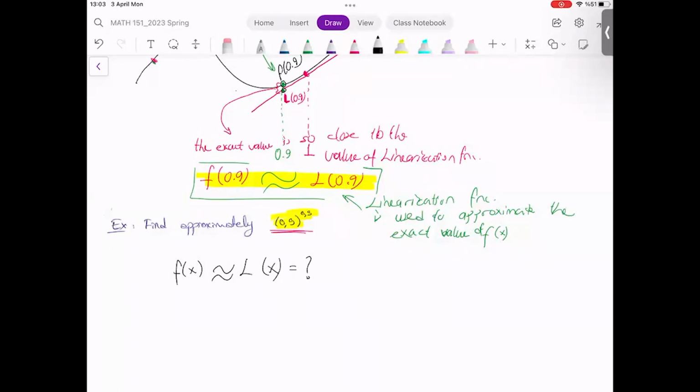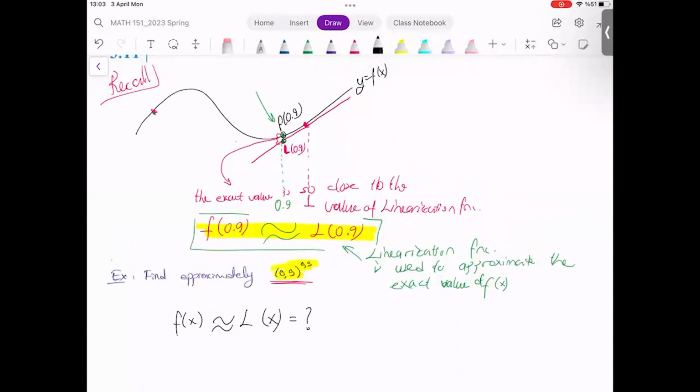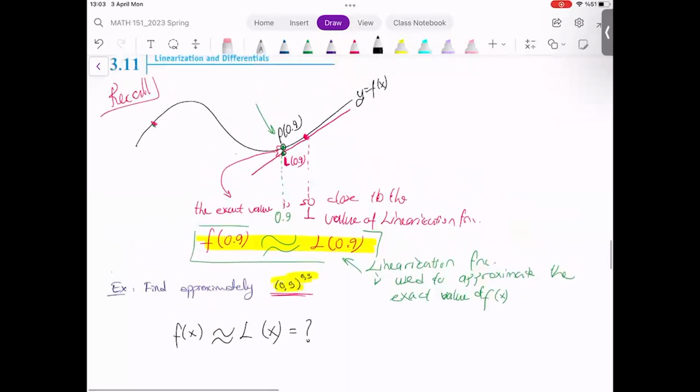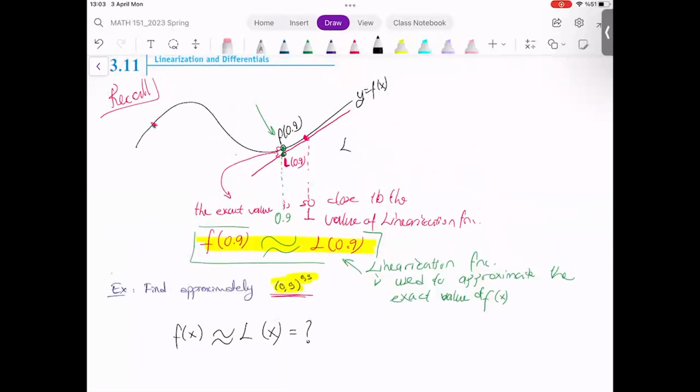And there is a certain way to create the linearization function. Let me also write this certain way to our recall. So let me write: linearization function of f of x at x equals a is created like this: f of a plus f prime of a times x minus a.